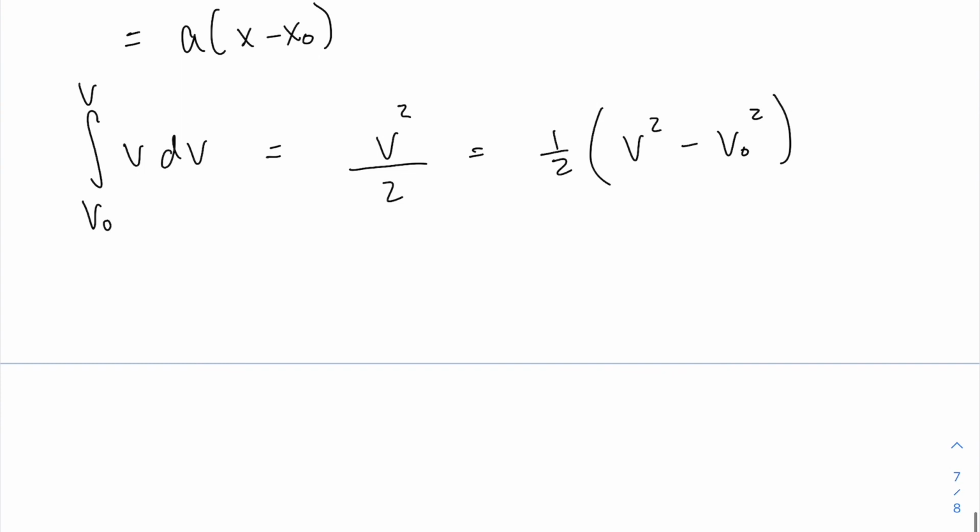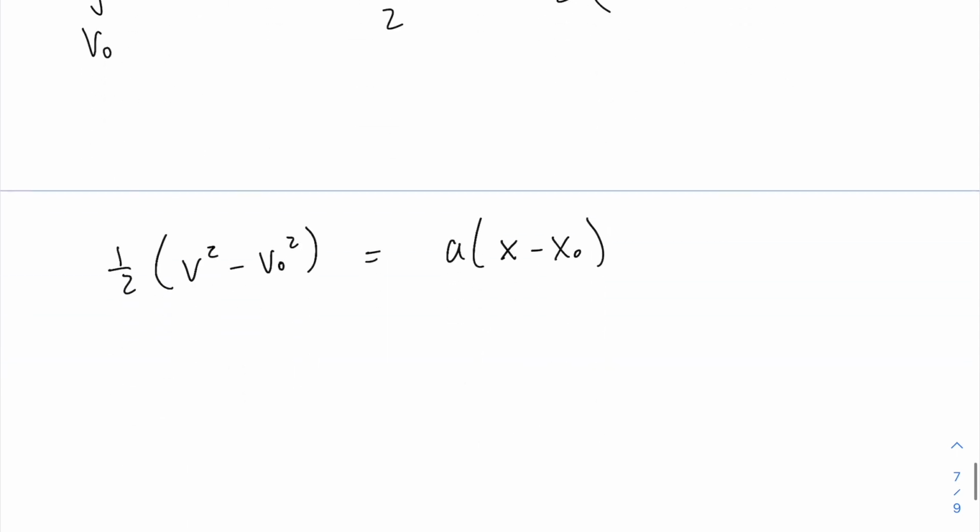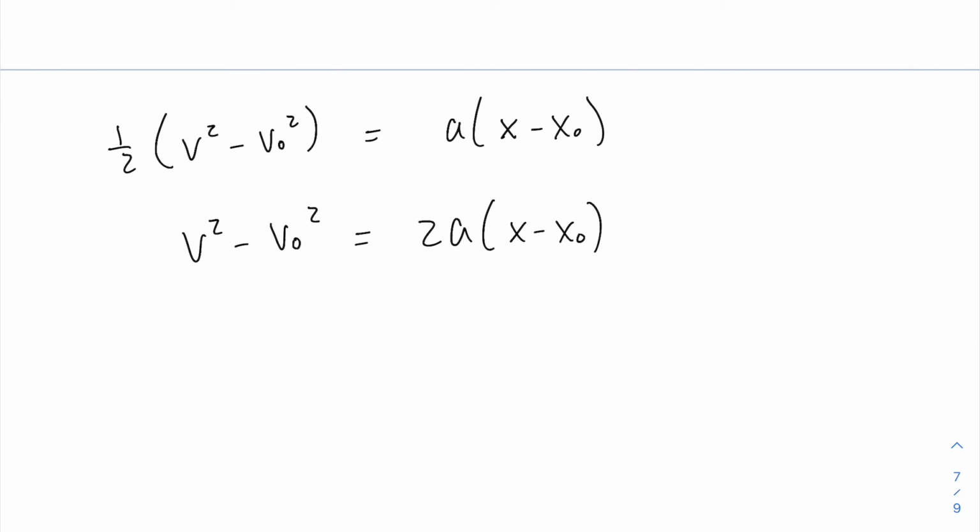And now we can set those two sides equal. And so we have 1/2 (v squared minus v naught squared) is equal to a times (x minus x naught). Now we multiply both sides by 2, and we get v squared minus v naught squared equals 2a (x minus x naught).